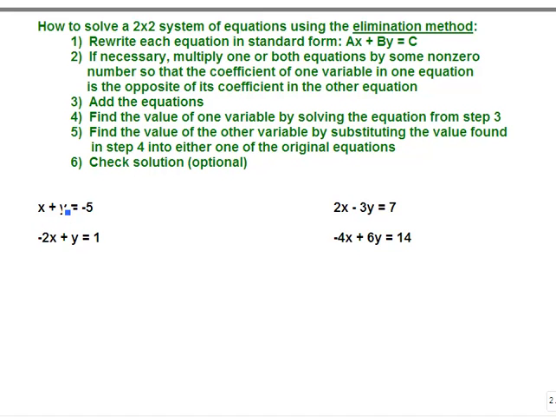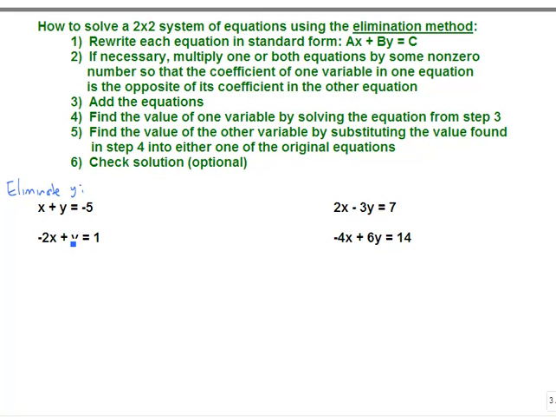If I wanted to eliminate y's, they both already have a +1 in front. If I just make one of them negative, then they would be opposites. So it looks like putting in a negative isn't that hard to do. So let's go ahead and eliminate y. Now to eliminate the y, we need to make these signs become opposites.